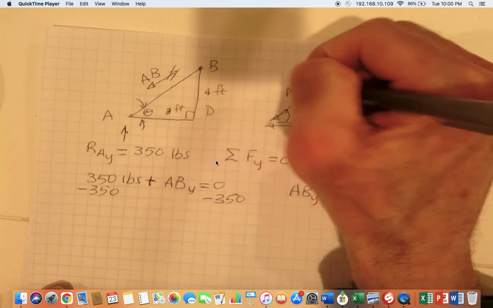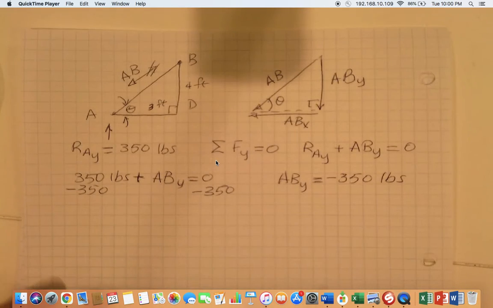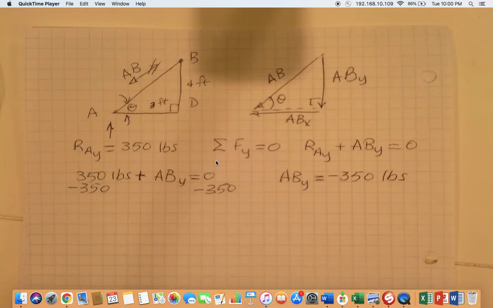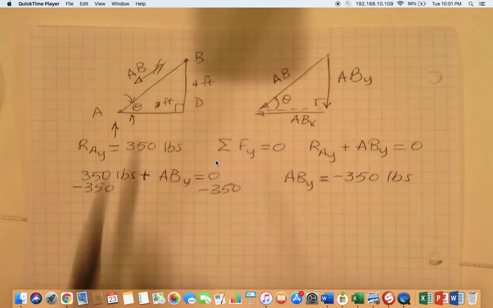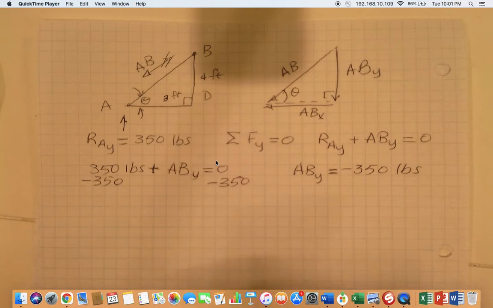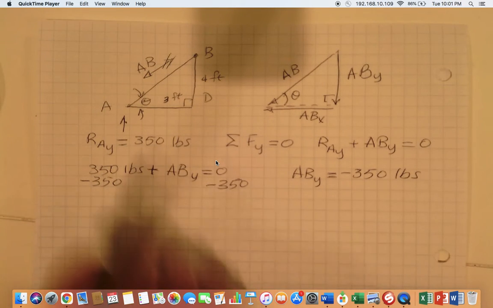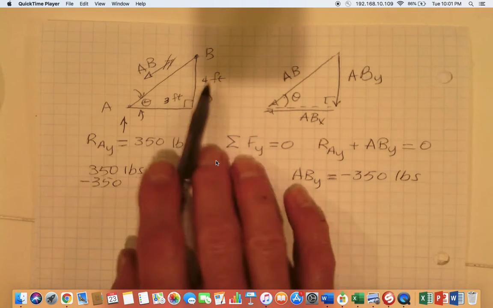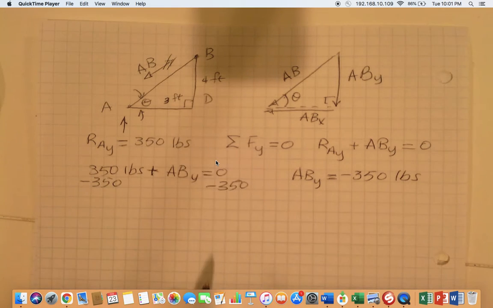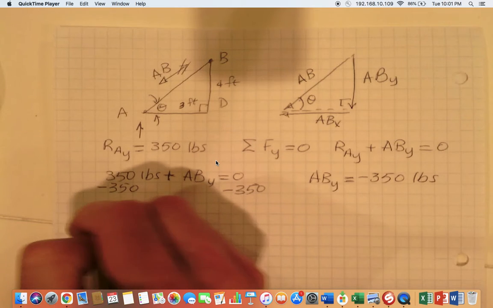This is the force in member AB. So this forms a right triangle. And so now the second step to analyzing the actual forces in individual members is to do a trigonometric analysis. And so if we look at this triangle, we see that we know two of the sides. And so we could use the tangent function.